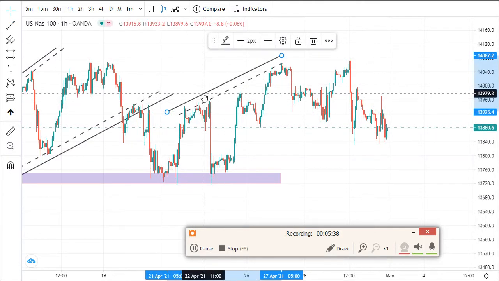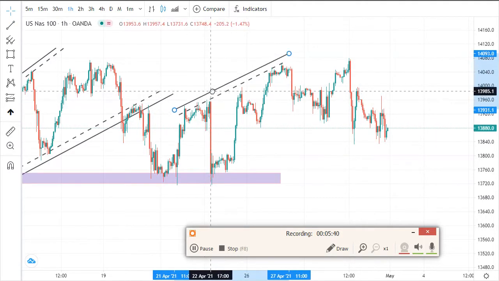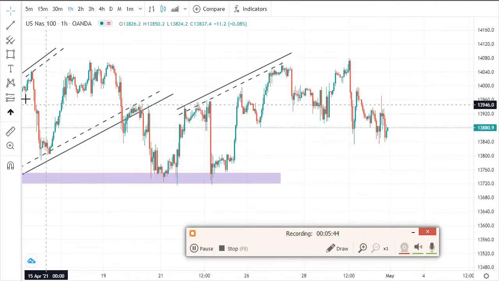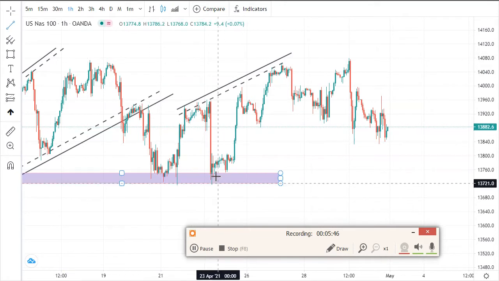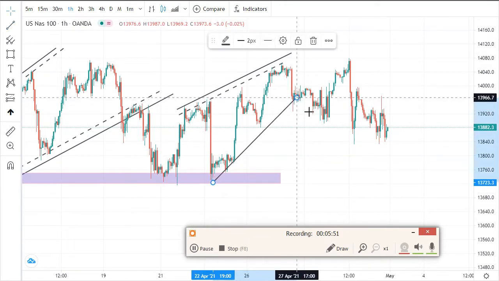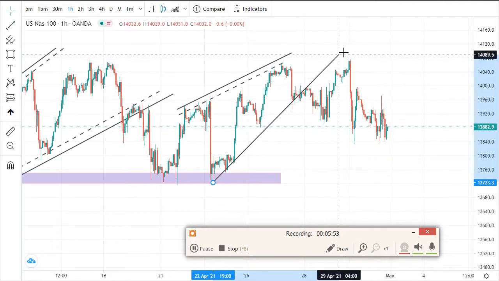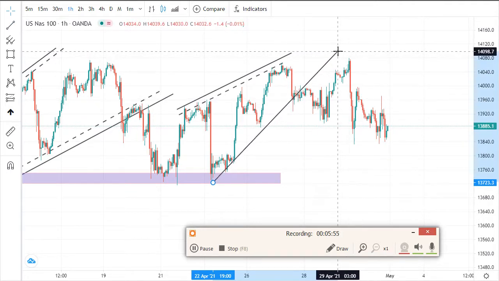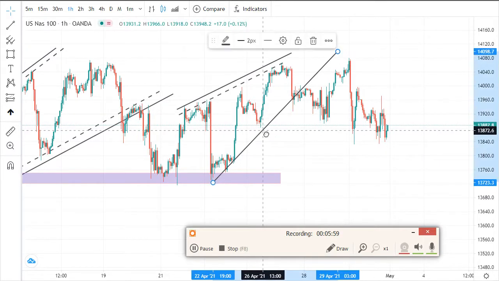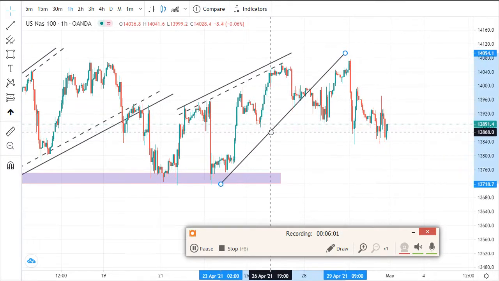You can see here, I do these double lines because I call these things zones. So it's not only one line, I call them zones. All around that zone is where we will expect the market. You can see here. Let me do something like this.